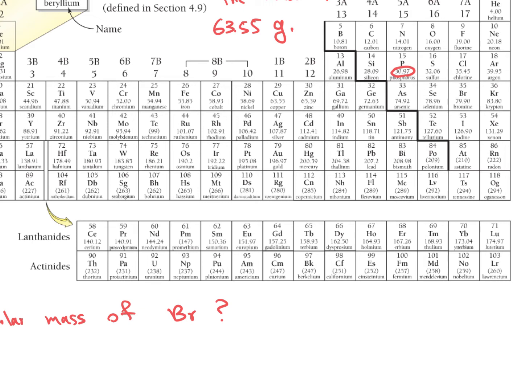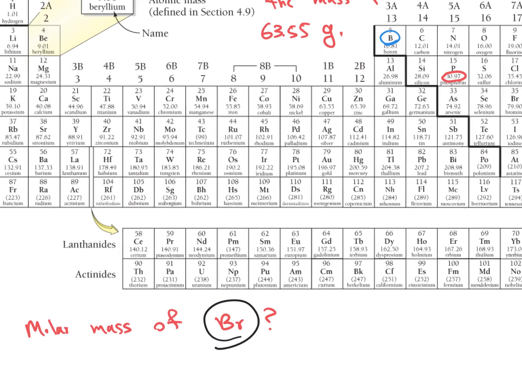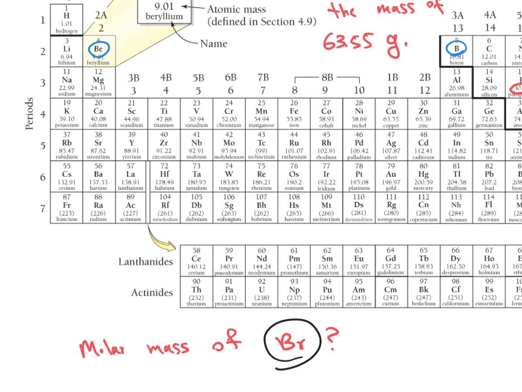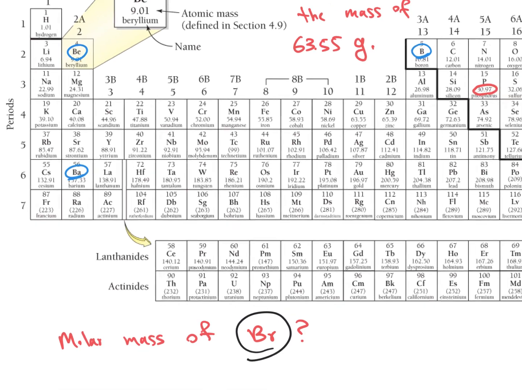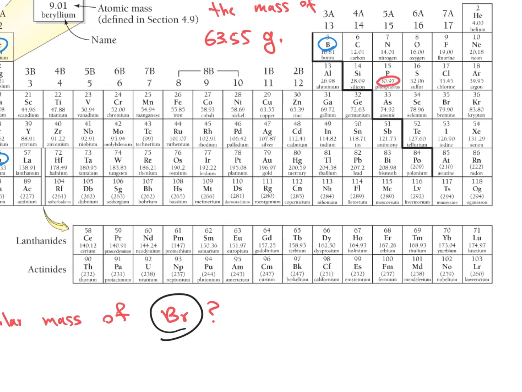So you go to the periodic table. If I give you bromine or Br, the first thing you do is go to the periodic table and find the element. Again, you think this is easy, but I have numerous students who find boron, or beryllium, or barium, or different elements, not Br. So that's why you should practice to make sure you don't make mistakes.